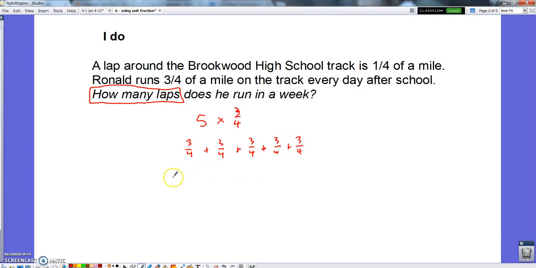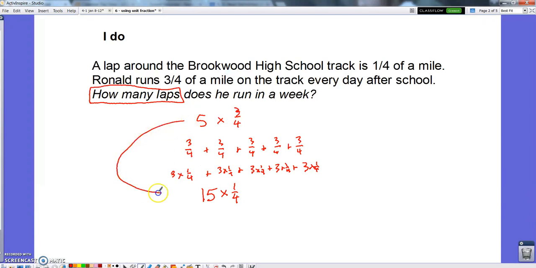And that's the same as 3 times 1/4 plus 3 times 1/4 plus 3 times 1/4 plus 3 times 1/4 plus 3 times 1/4. And if I look at all those different 1/4s, I have 3, 6, 9, 12, 15 of them. So we could say that that's the same as running 15 times 1/4.